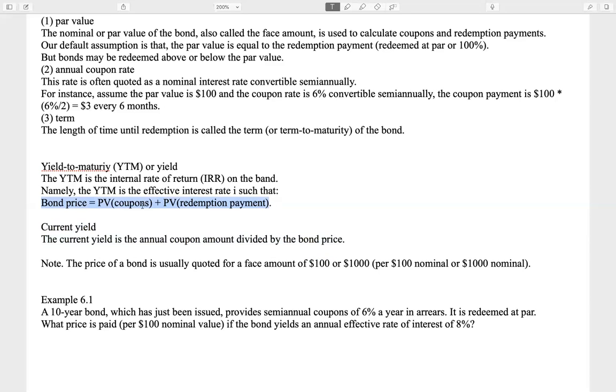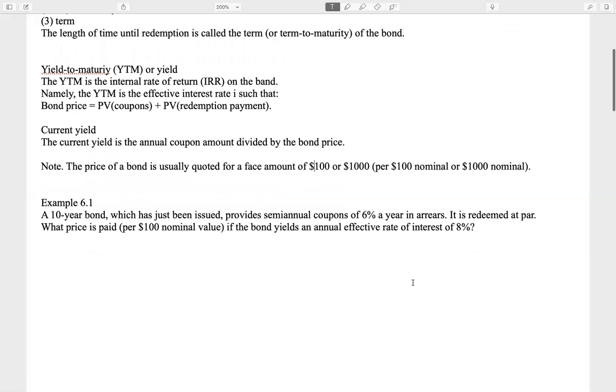The right-hand side has coupons and the redemption payments. Both depend on the par value, right? So when you calculate the bond price, it's quoted for a certain face amount. In most cases, it's either $100 or $1,000. That's because those are nice numbers, which help us better understand everything.